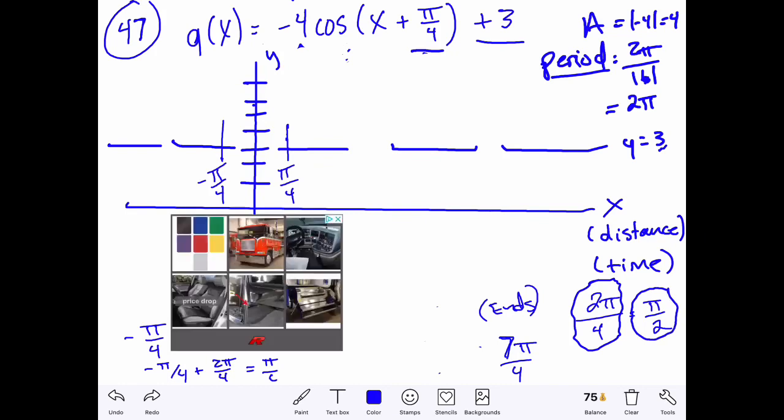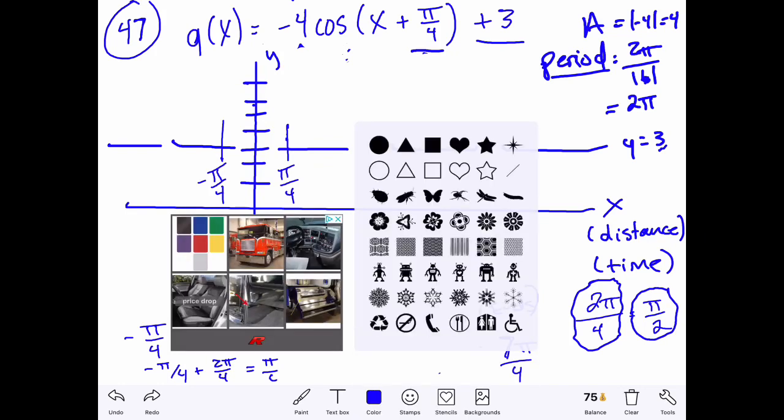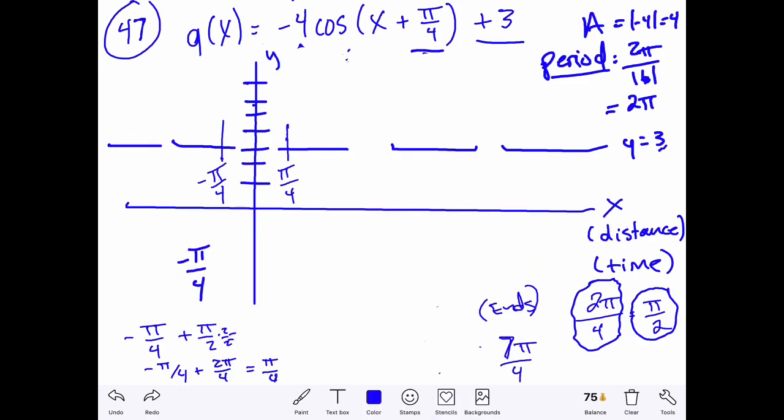Okay, so let's go now from pi fourths here, and let's add to it again now. Pi fourths plus pi halves, again times 2 over 2. So that's 2 pi fourths. Pi fourths plus 2 pi fourths is 3 pi fourths.